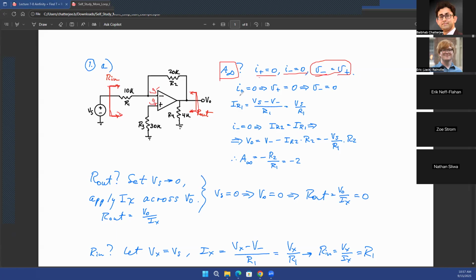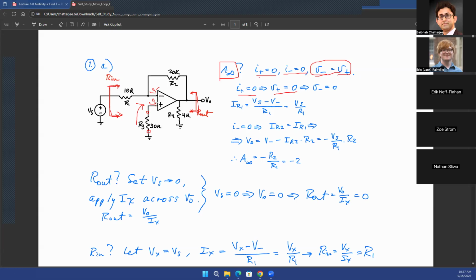Now, because the current going into the non-inverting terminal is 0, the voltage at the bottom terminal of R3 will be the same as the voltage at the top terminal of R3, right? No current going in. According to Ohm's law, the voltages are equal on the two sides of the resistor. So your V plus is also equal to 0.